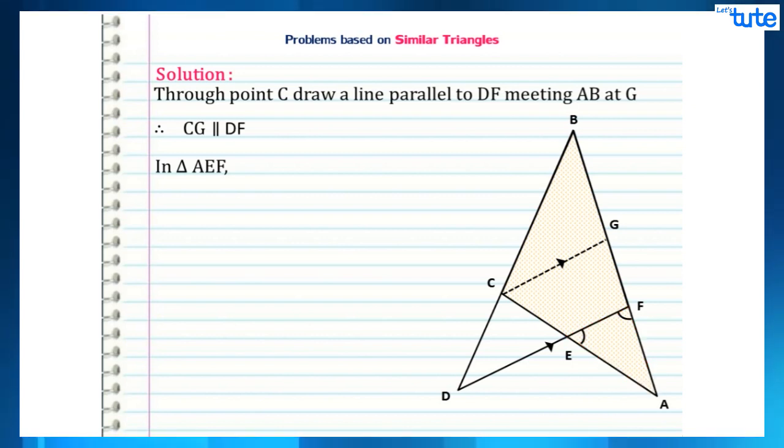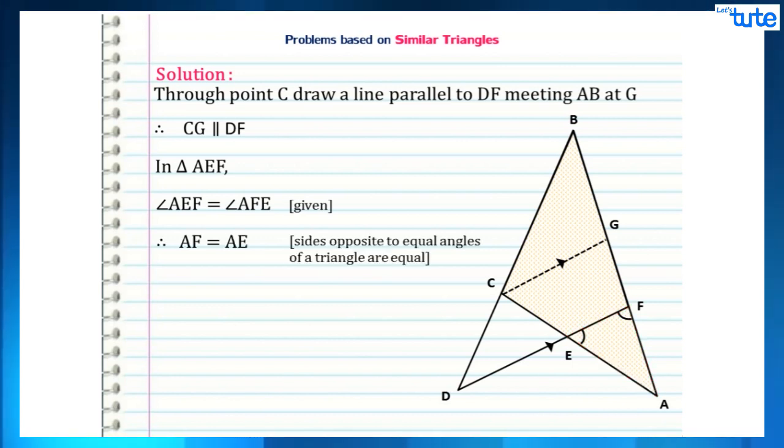In this triangle, it's given to us that angle AEF equals angle AFE. Since sides opposite to equal angles of a triangle are equal, we can say that AF equals AE, which can also be written as AF upon AE equals 1. We'll consider this as equation 1.